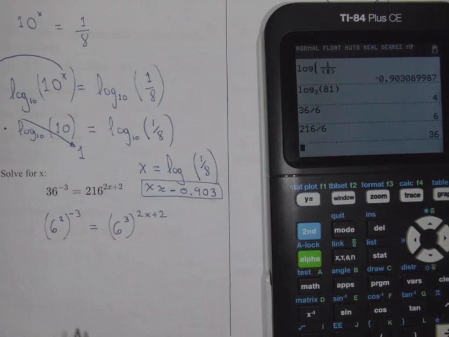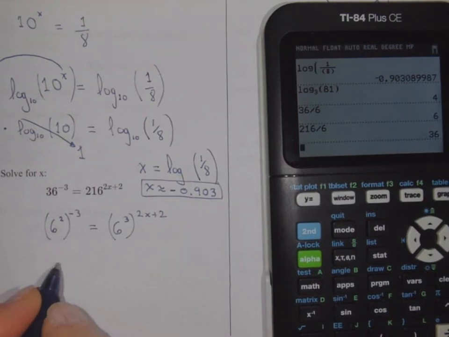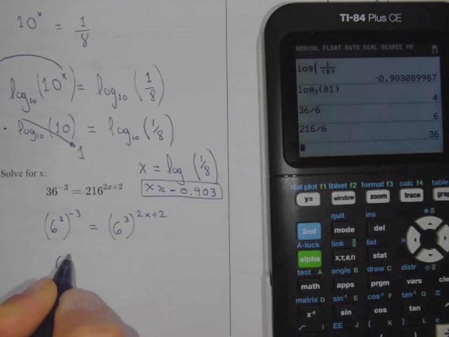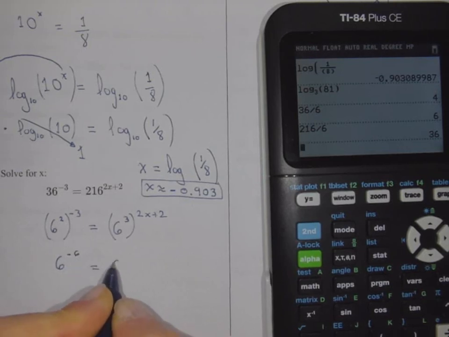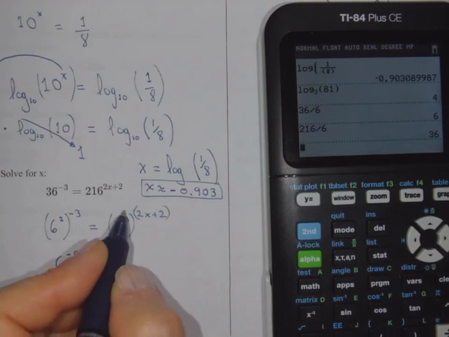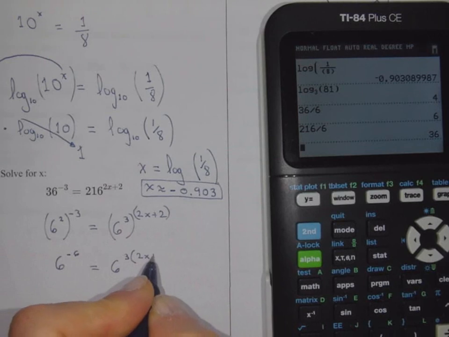So I'm rewriting my two bases so that they're alike. Now, why do I want to do that? Because now I have a power to a power. We've done enough of those. We know that will be multiplied, so that's a negative 6. Power to a power. Ooh, I have more than one thing here, so I'm going to have to distribute. So that will be 3 times 2x plus 2.